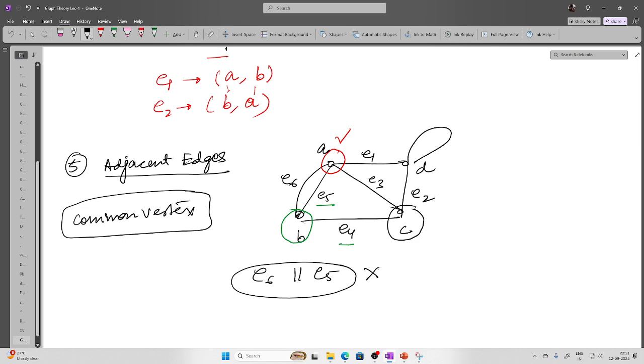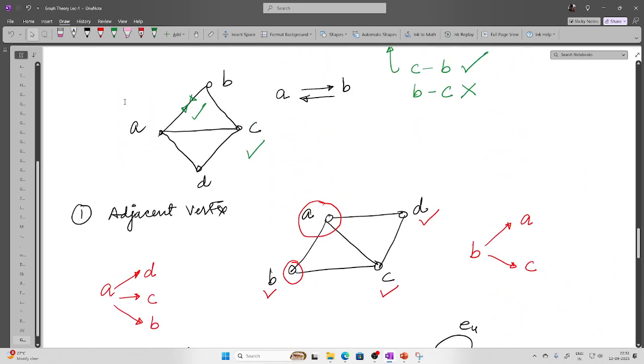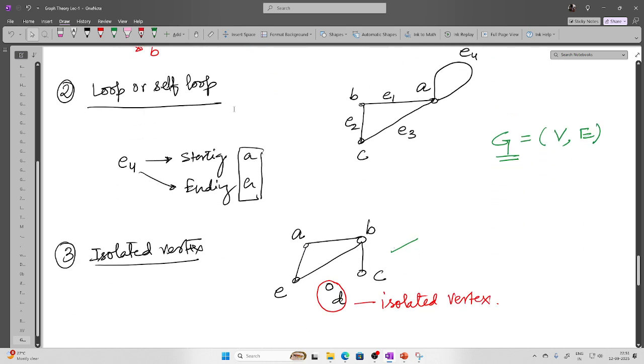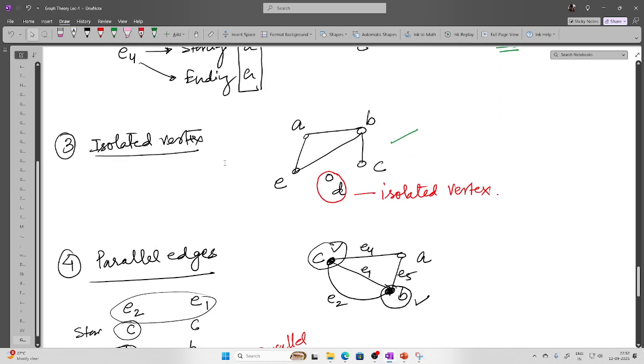So I hope you have understood the basic definition or the types of graphs, that is directed and undirected. Then you have understood now about adjacent vertices, that means vertices which are connected by edges. Loops, that means those edges whose starting and ending vertex is the same.